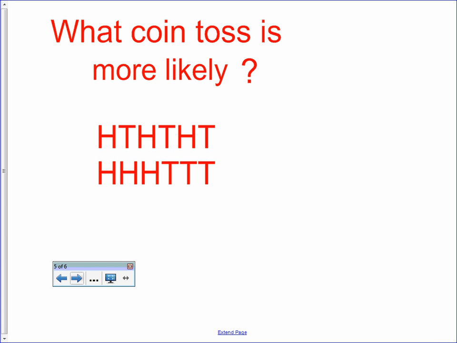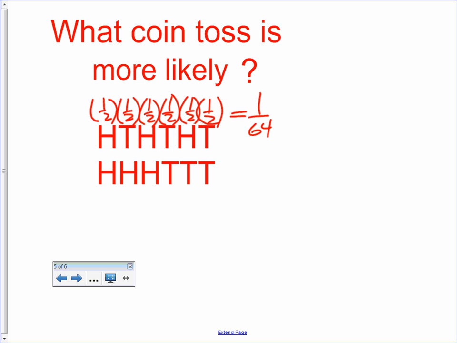That gives us the myth of short-term regularity: which one of these coin tosses is more likely? We'll see this later when we start doing tree diagrams, but if you flip the coin once, you get heads, flip the coin twice, you get tails, and each one of these occurrences has a 1/2 chance of occurring. So getting this exact sequence of coin flips, in this exact order, is 1 out of 64.